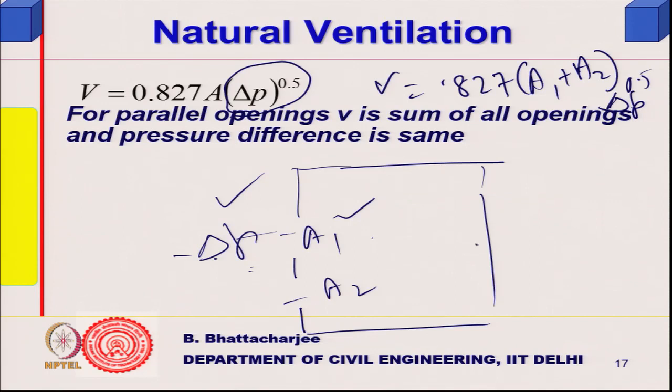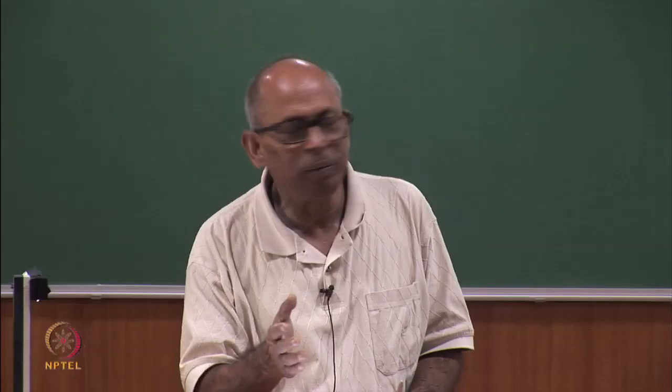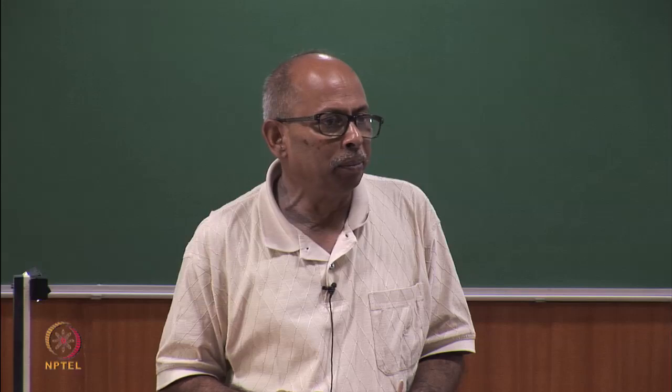but if I have another window there, I will have delta P1 here and a different pressure difference there, right. So, let us see. When they are in series, things are different, so for parallel openings, V is the sum of all openings and pressure difference. So, therefore, I can write V is sigma A. For the same wall, as many openings as I have, I can simply sum up, right.